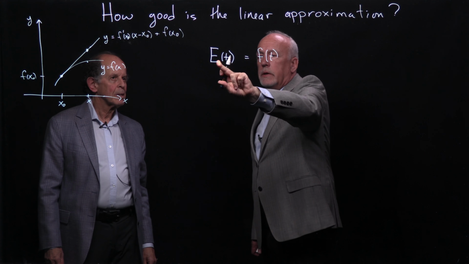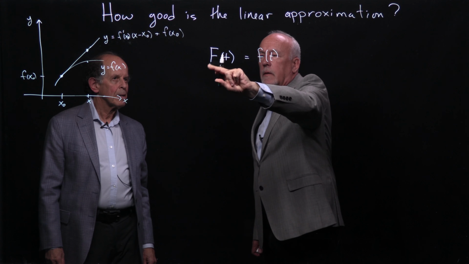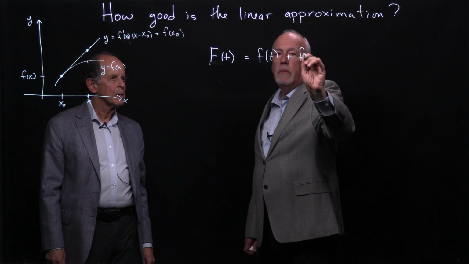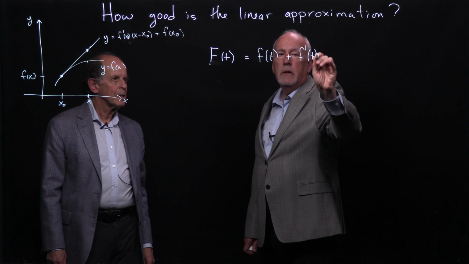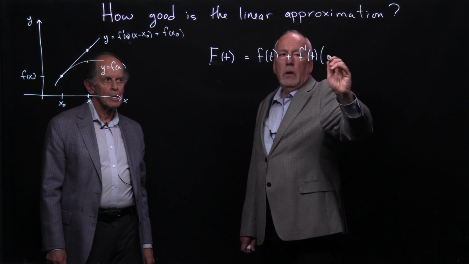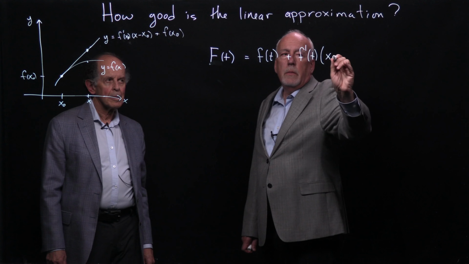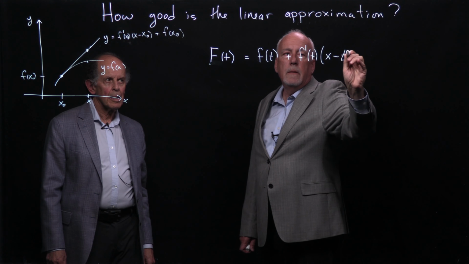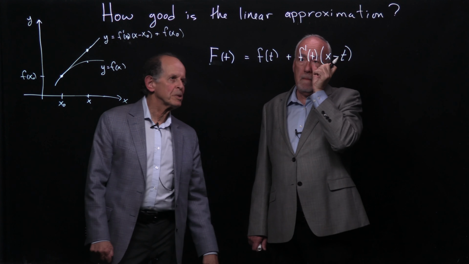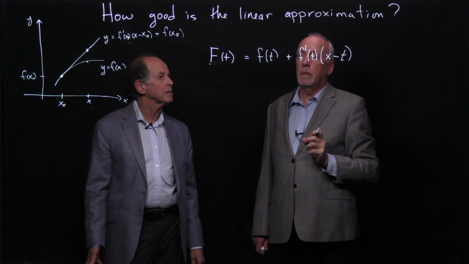I'm going to call this capital F, because it's related to little f. Then I take the derivative at this point t, and I subtract off x minus t. So x is a particular point and t is a running variable.